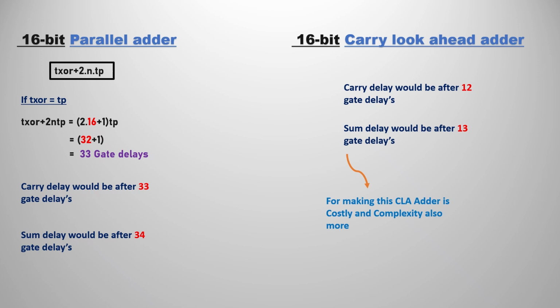We have used 5-input AND gates and 5-input OR gates, so many things we use in the formation of just the carries. For the sum and for the propagate and generate signals, that is P0, G0, C0, we generate these with the help of XOR and AND gates. So this also requires much more complexity. We can say the complexity and cost of making the circuit are very high as compared to the parallel adder, but the efficiency and speed will be high.